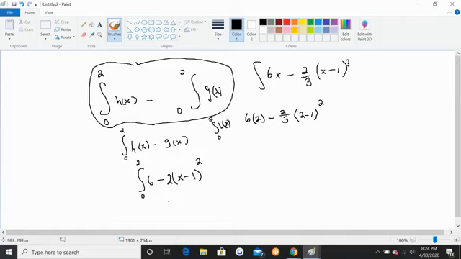So the definite integral from 0 to 2 of h of x, our higher function, is this right here. And then we do the same thing, plug in the x value, but for the lower bound.